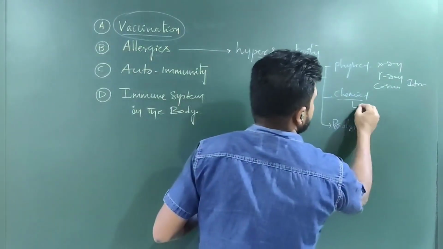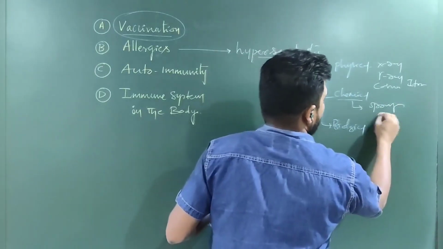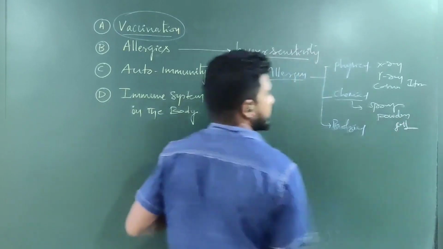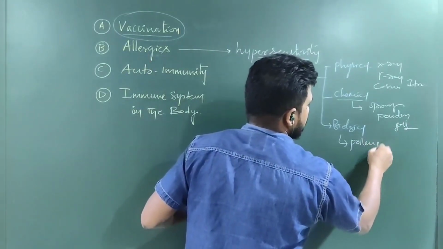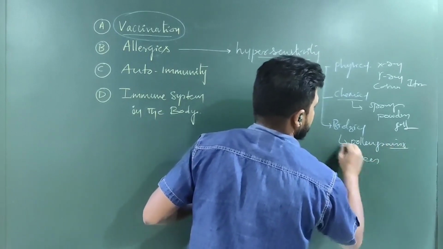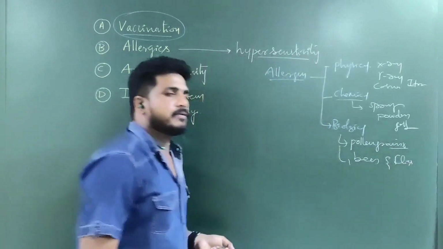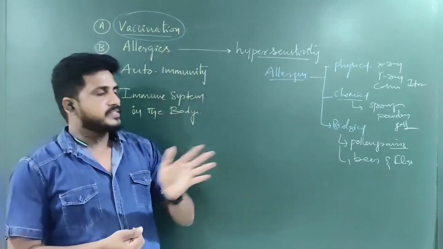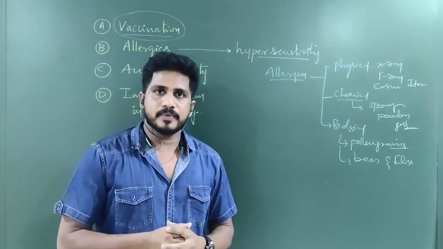Whereas chemical: sprays, powders, gels. Biological: pollen grains, some bees, flies. These are examples of biological. So an allergen may be physical, chemical, or biological, which can cause allergy in our body.